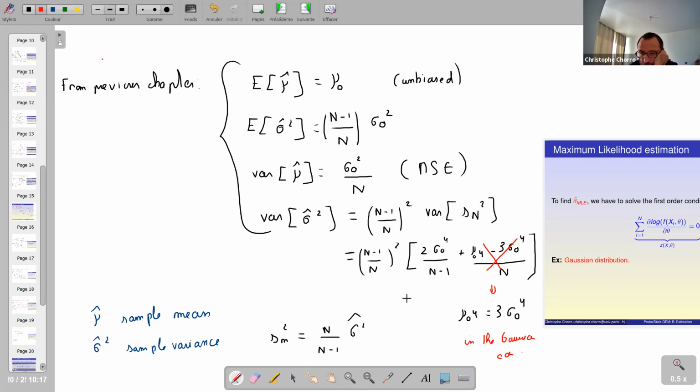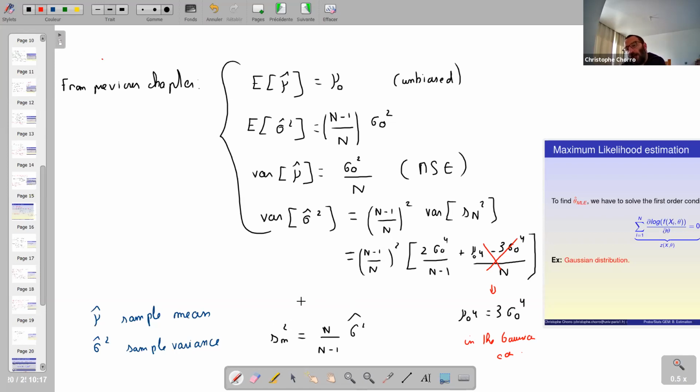So you have this expression for the variance of the sample variance in this situation, that I am able to compute from the fact that I know the variance of the corrected sample variance, with this link between the variance and the corrected sample variance.